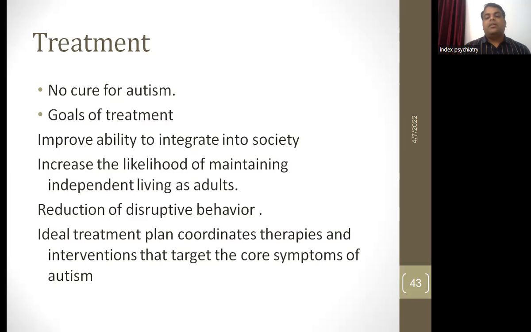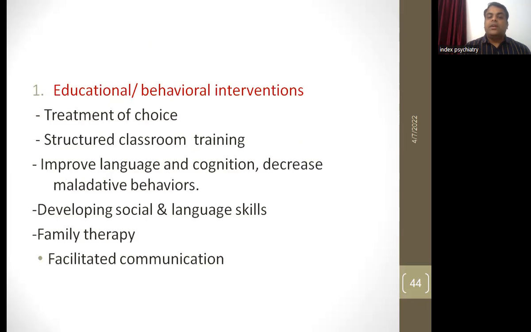An ideal treatment plan coordinates therapies and interventions that target the core symptoms of autism. Educational and behavioral intervention is the treatment of choice: structured classroom training, improving language and cognition, decreasing maladaptive behaviors, developing social and language skills, family therapy, facilitated communication.